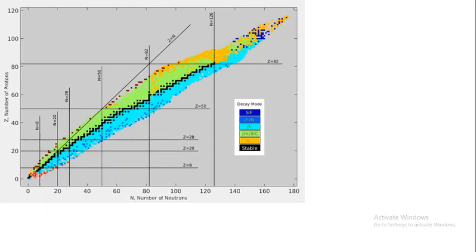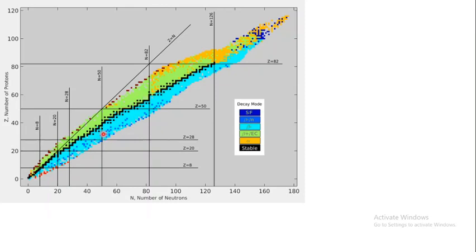In this graph, as we studied in our previous lecture, the black dots actually show the stable nuclides of an element, and the rest of the colored boxes are unstable and always trying to be stabilized and get the black position.